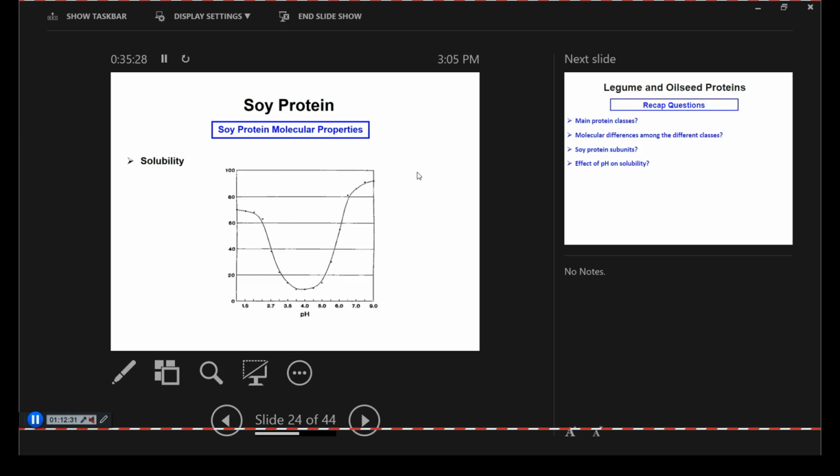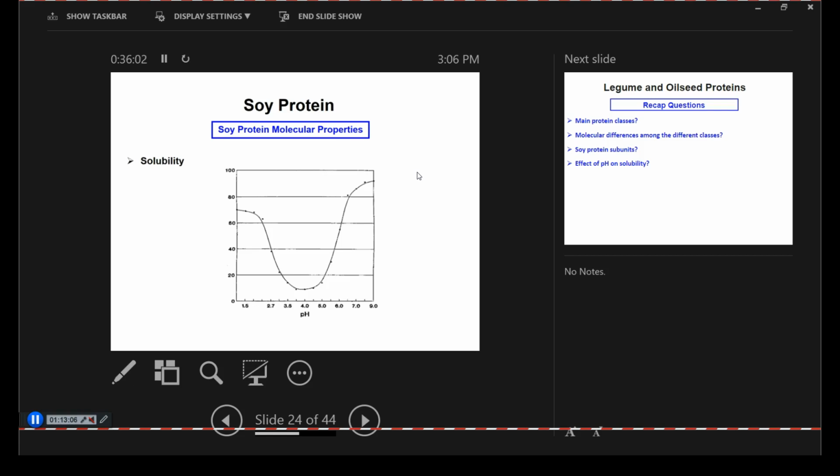So solubility has a very typical bell shape, where soy protein is in general soluble at extreme pHs and around the isoelectric point of 4.5, somewhere between 3.8 to 5, or even 3.5 to 5, it's very poor in solubility. That's where you have minimal charge, zero net charge.